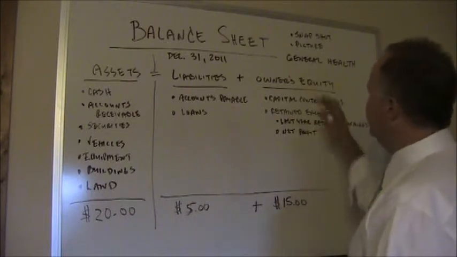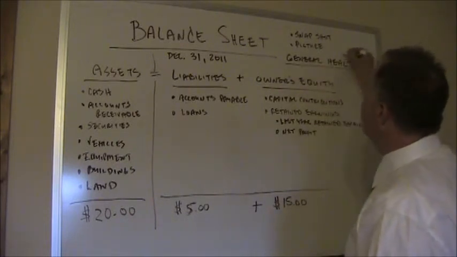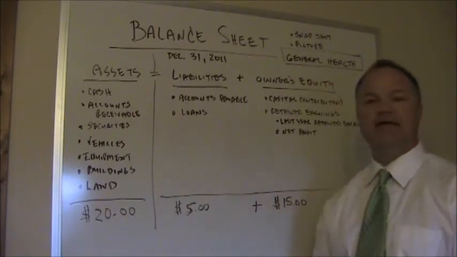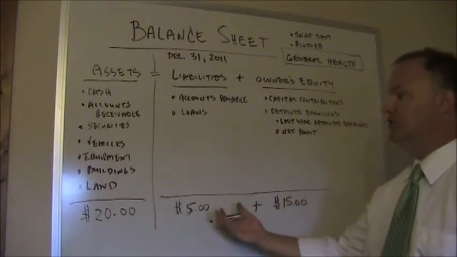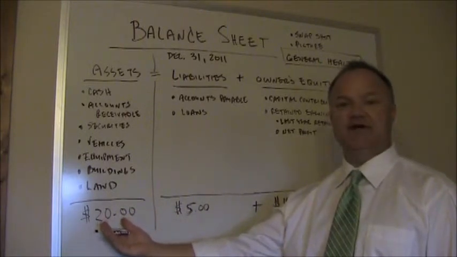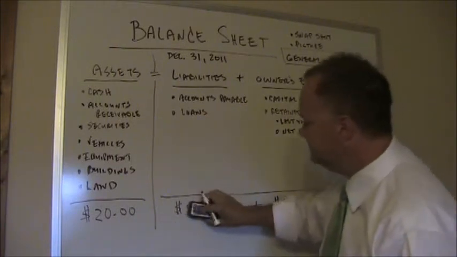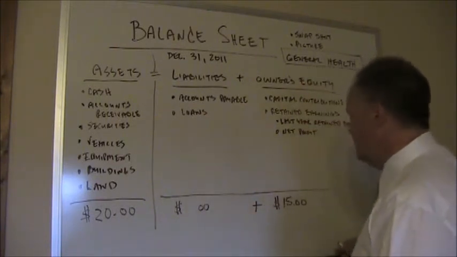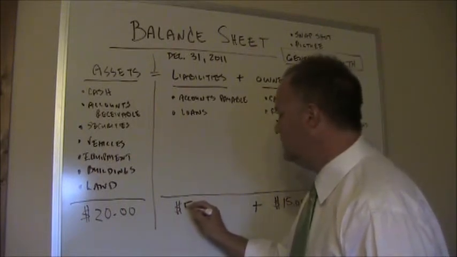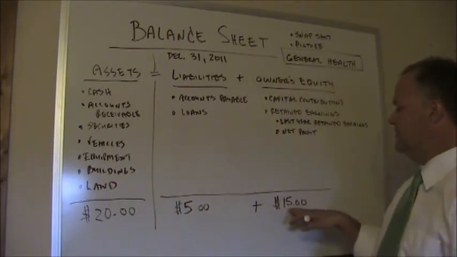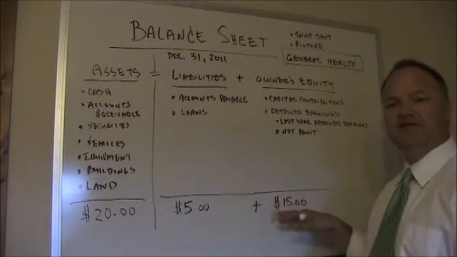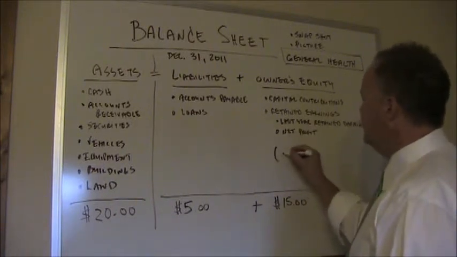Now, when I talk about this being your general health, the reason I say that is because it shows you what your assets are. It shows you how much you owe in terms of loans and accounts payable. And it shows you this number, which another term for this would be your net worth.